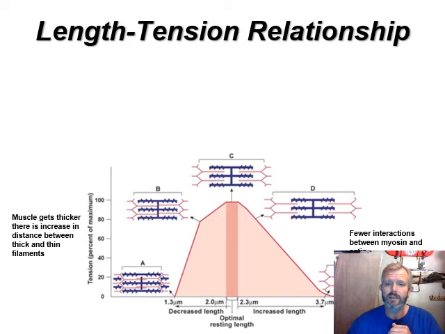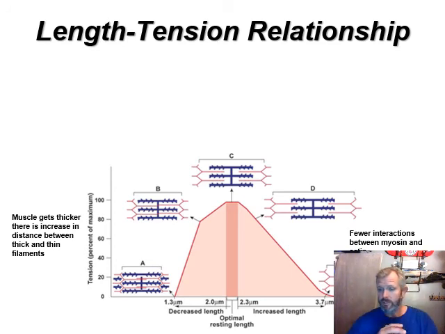And then finally, how else can I change the force of the muscle? This is what we call the length-tension relationship. What we're seeing here is how stretched or slack my sarcomeres are.